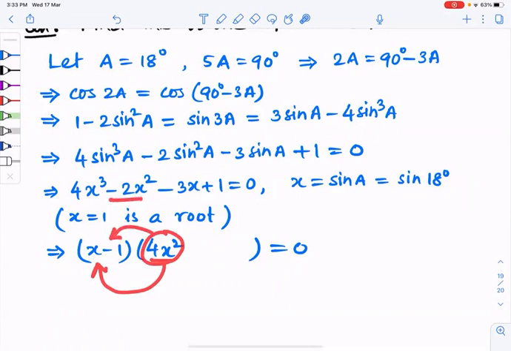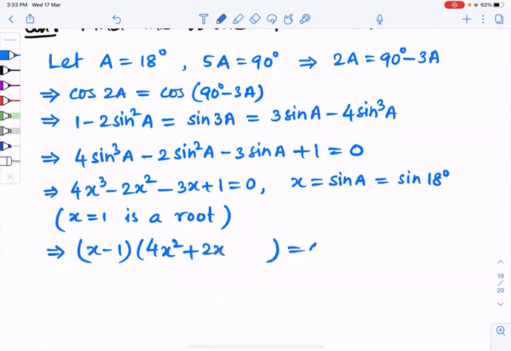I am having minus 2x square. To adjust, I will take 2x. So I have got minus 4x square and plus 2x square. Total I get minus 2x square, it is fine. But then I also get 2x into minus 1, that is minus 2x. I need minus 3x. So I'll just keep a minus, which will give us the remaining term.